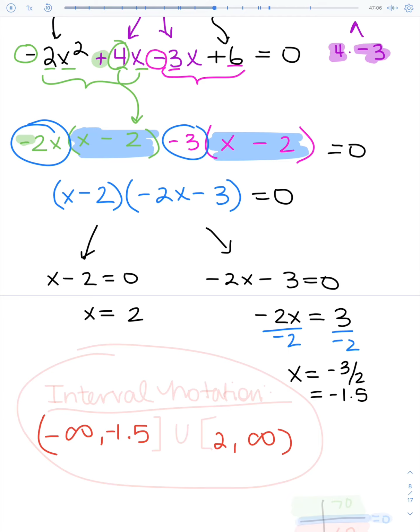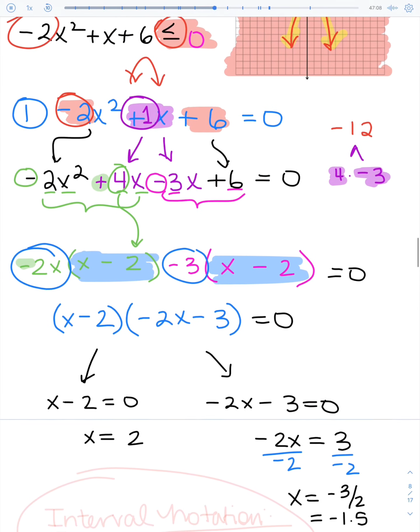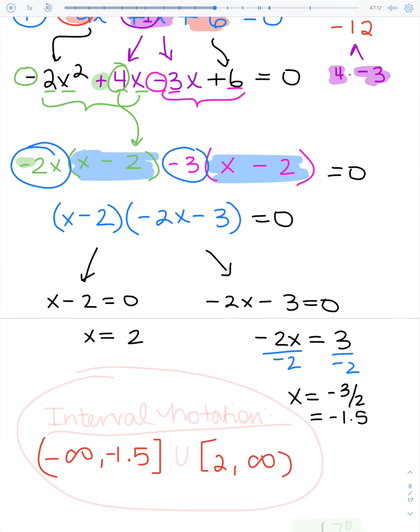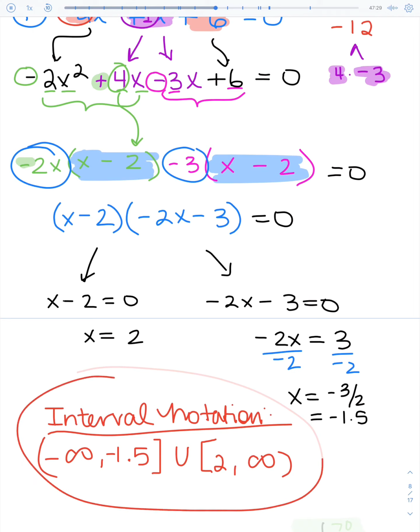This time, as a reminder, we had less than or equal to in our original problem. The equal to means we're going to use brackets also for the first time. And then we need our little u, or union, to unite those two pieces, and that's our interval notation and our final answer for what parts of our parabola are below the x-axis, less than or equal to 0. And that's our final answer.